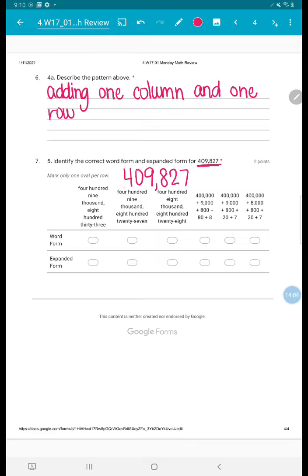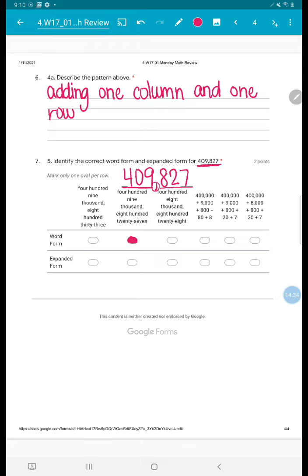So I'm going to name everything between the commas. So 409, my comma tells me to say thousand. Then I name everything else, 827. So 409,827. That second choice is correct for word form.